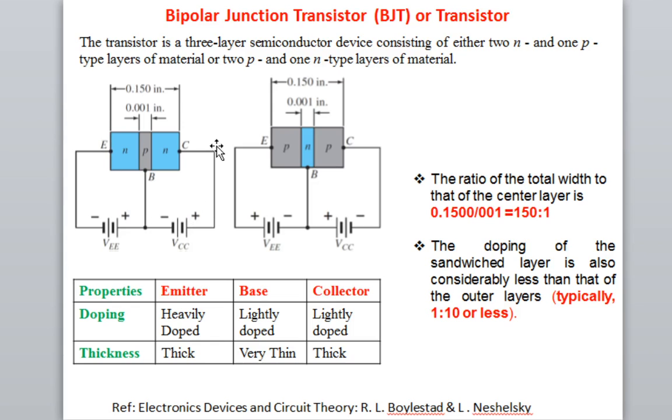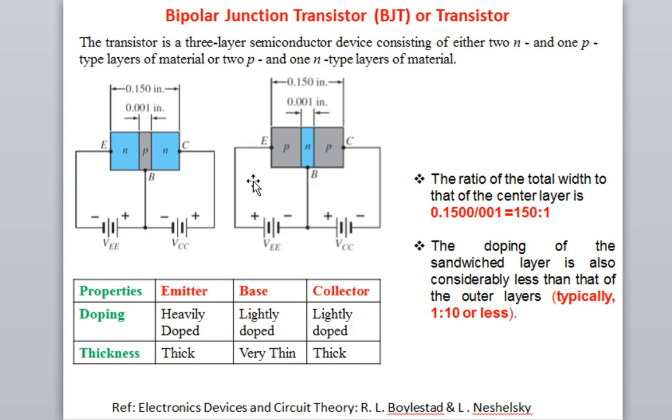This is an asymmetric device, because here it looks quite symmetric, but emitter never behaves like a collector and collector never behaves like an emitter. So the transistor is a bipolar device, and the transistor is an asymmetric device.